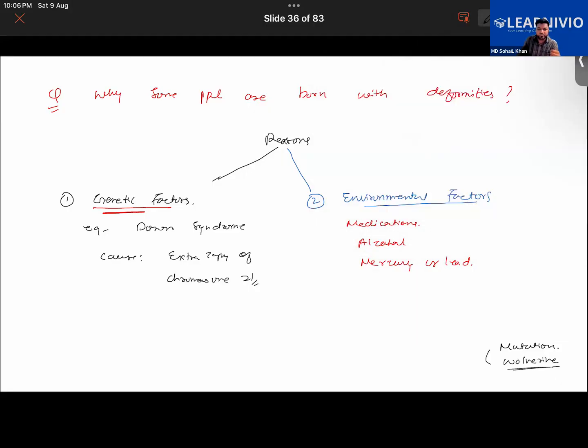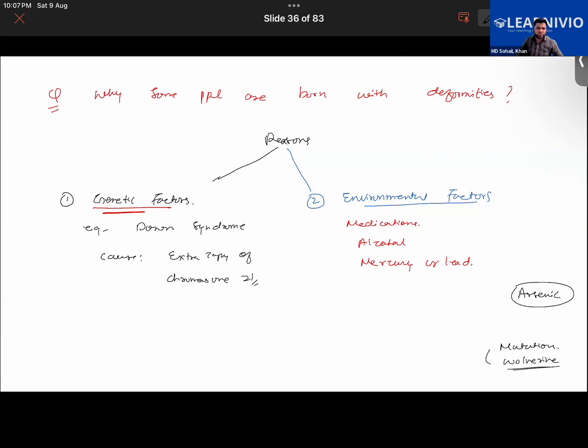By the way, you guys know there's a substance called arsenic. If it is present in high concentration in water, it can be very deadly.